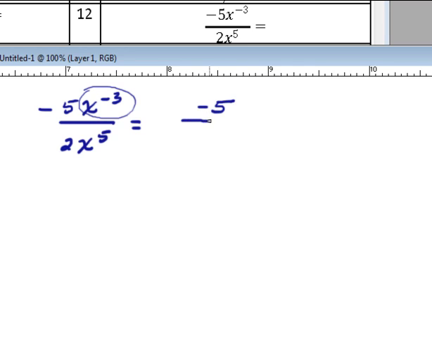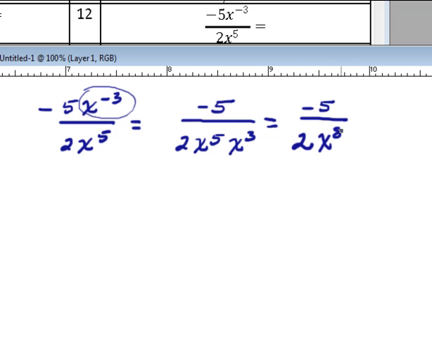Okay, that doesn't have a negative exponent, so we just leave it there. And just multiply x to the 5th times x cubed by adding the exponents. So we have x to the 5 plus 3, or x to the 8. And that's it.